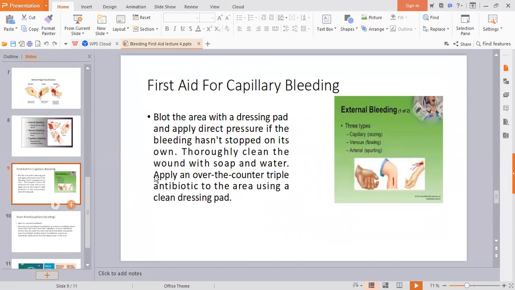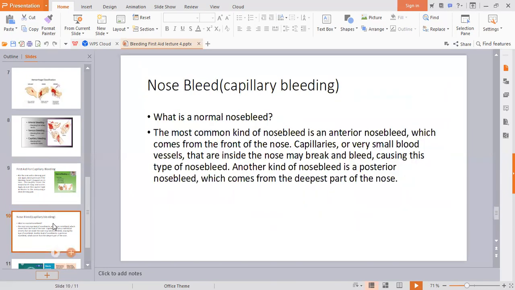A very common example of capillary bleeding is a normal nosebleed. It could be from the anterior region or from the posterior region. Do not tilt your head backward, but lean forward to avoid further nosebleed.